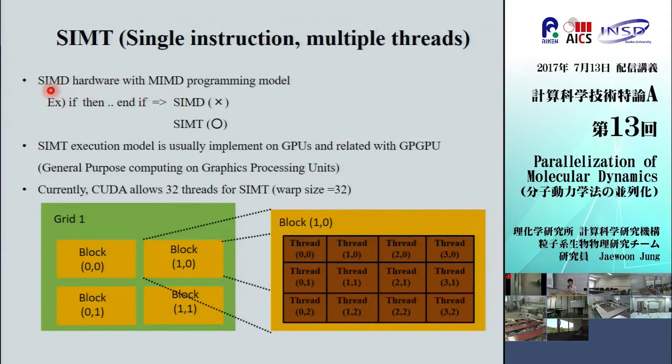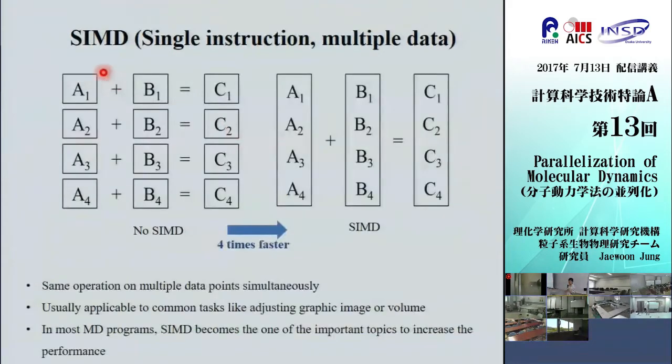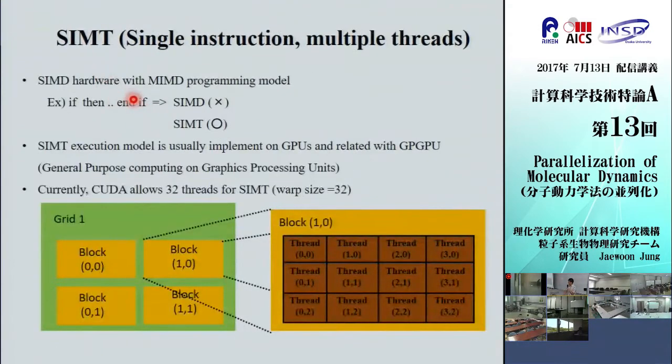SIMD is single instruction and multiple data, and this one is multiple instruction and multiple data. One thing I can point out is that if you want to maximize the performance using SIMD, then you need to avoid if and end if statements.